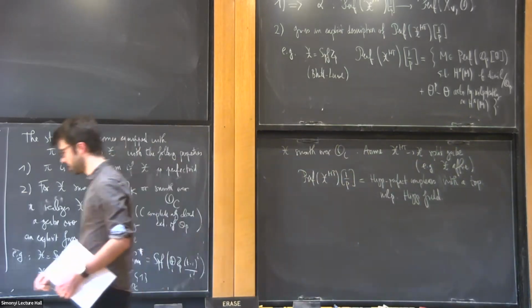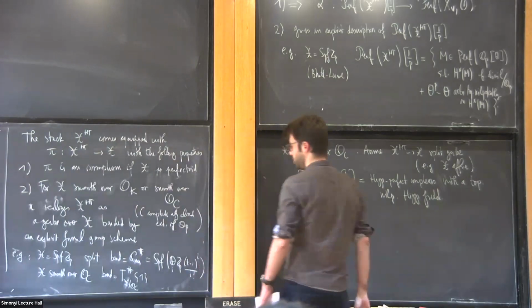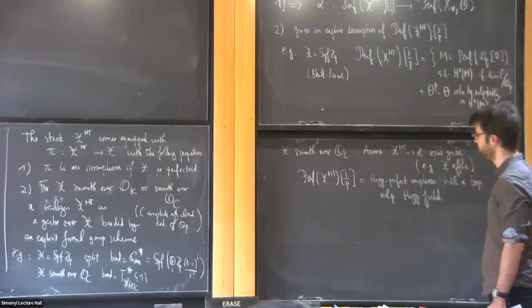Again, this topological nilpotence condition can be seen from the perspective of Cartier duality, by using the fact that the Cartier dual of G_a sharp is a formal completion. So the classifying stack of G_a sharp is a formal completion of G_a.